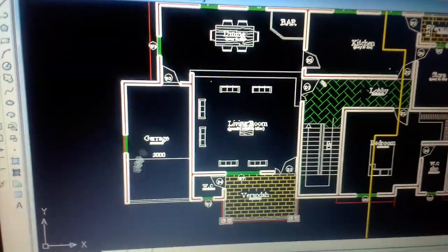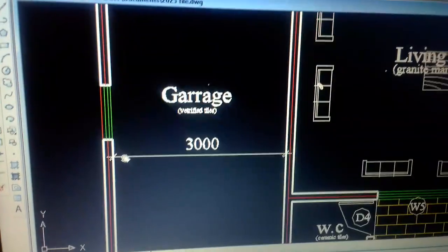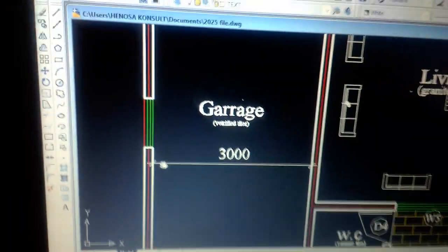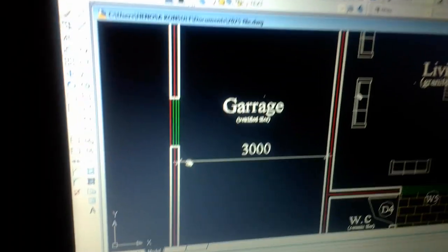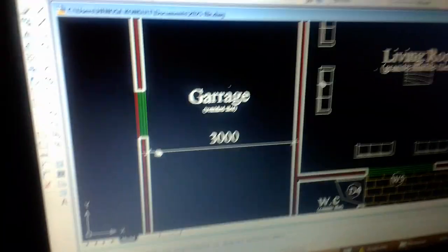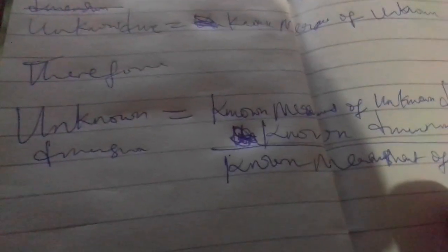The first thing you have to do is, since we already know one of the dimensions, we can get the rest of the dimensions. So we are going to make use of this formula.